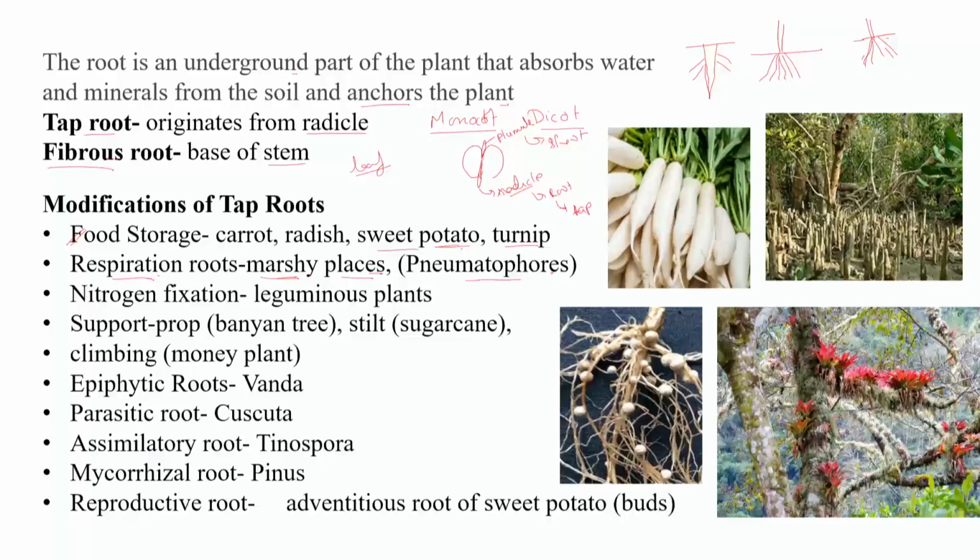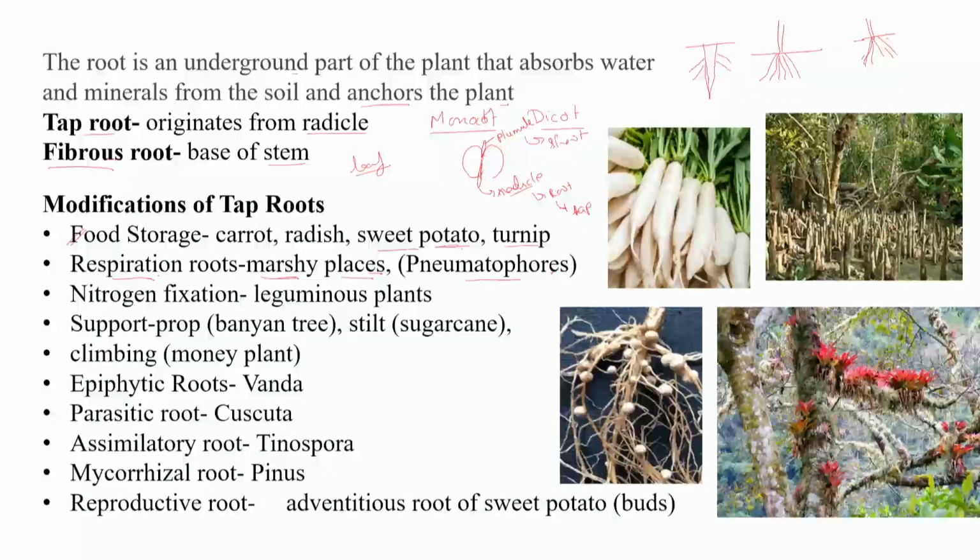They will take oxygen, break down the food, and oxygen will be utilized in the respiration process, and because of that even the roots need oxygen to break down their food and utilize the energy. So in marshy areas, these roots are not able to take oxygen or exchange gases, so they develop aerial roots.